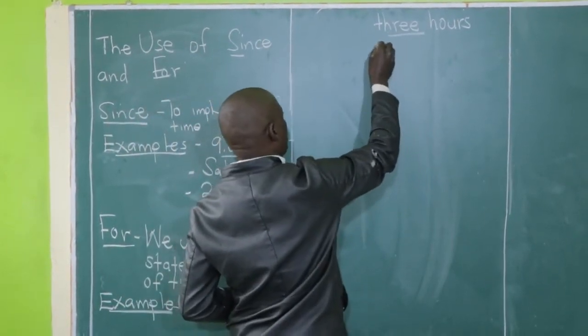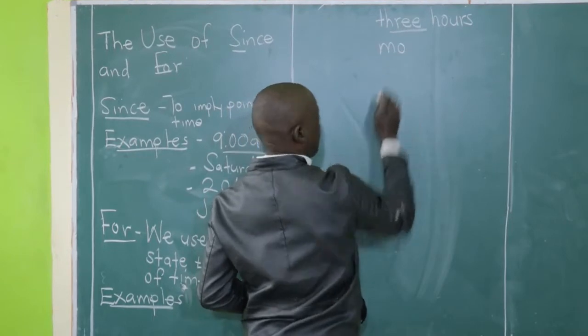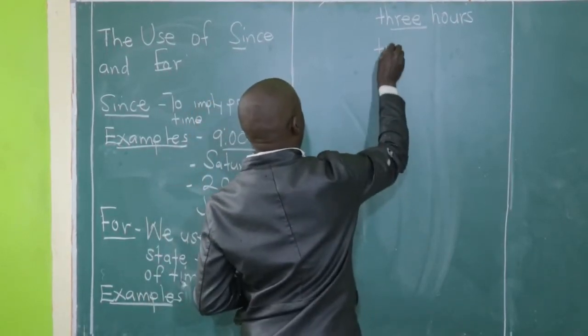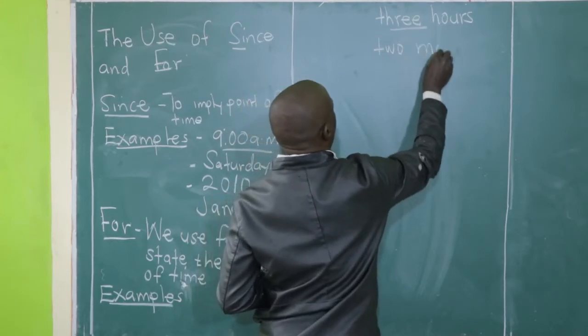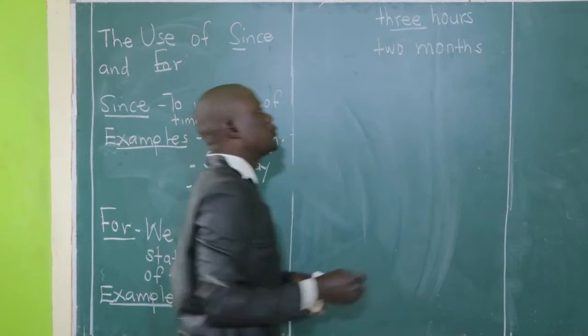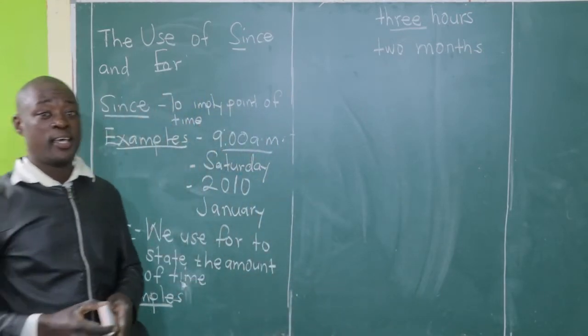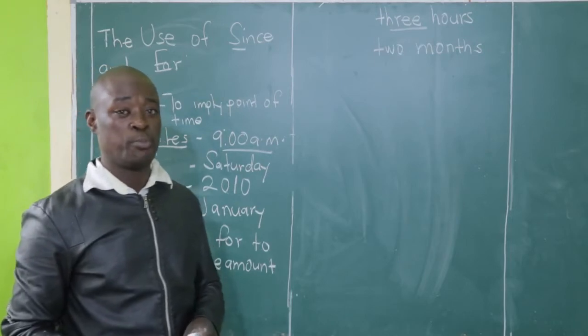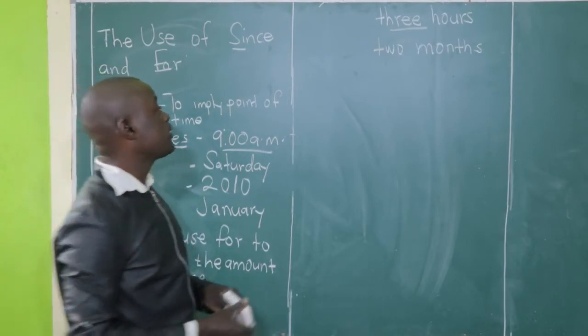So we have durations in terms of months. For example, we can talk about 2 months. For instance, we have dug this piece of land for 2 months. 2 months is duration.